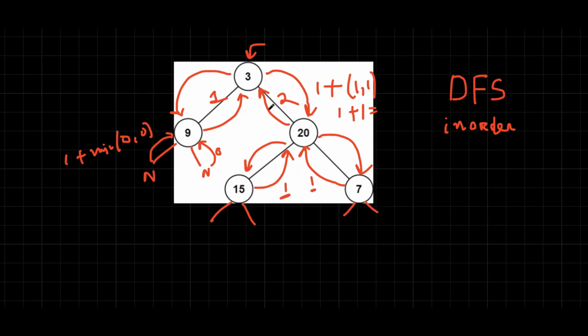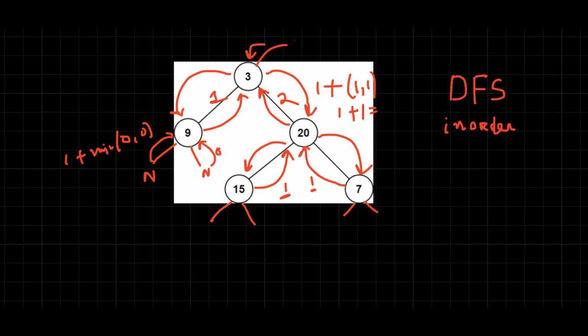So we have seen that for the root node, the left child return value is 1 and the right child return value is 2.